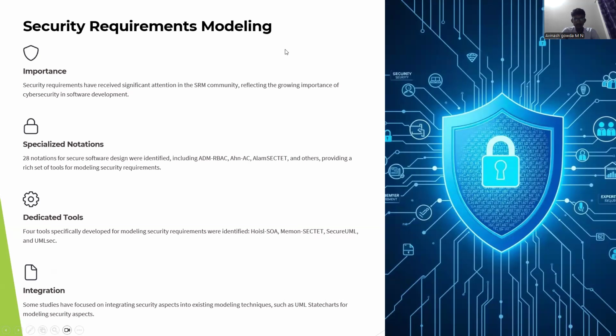Okay, the security requirement modeling importance. Security requirement has received significant attention in the SRM community, reflecting the growing importance of cybersecurity in software development.